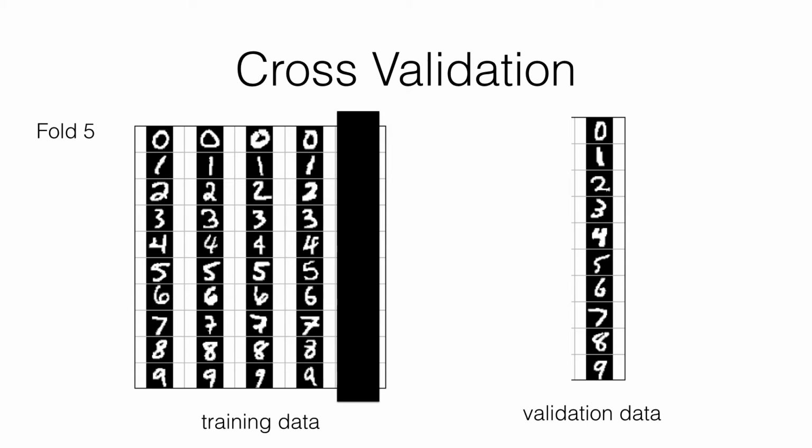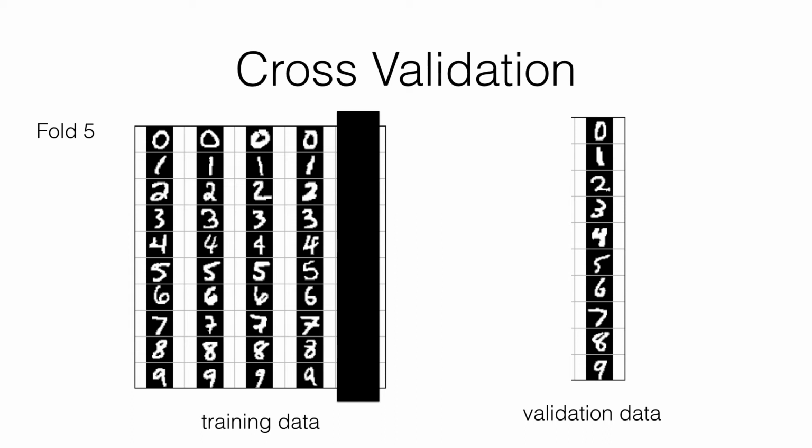Then we can average our scores across all 5 folds, and that'll give us a more robust measurement of how good our learning algorithm operates for any particular parameter setting of C. That's really good when you have time to do 5 folds, and even better is if you have time to do even more folds.